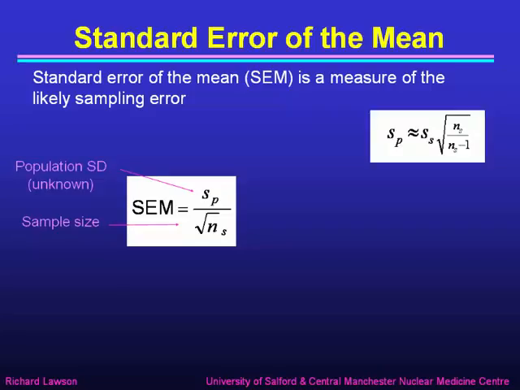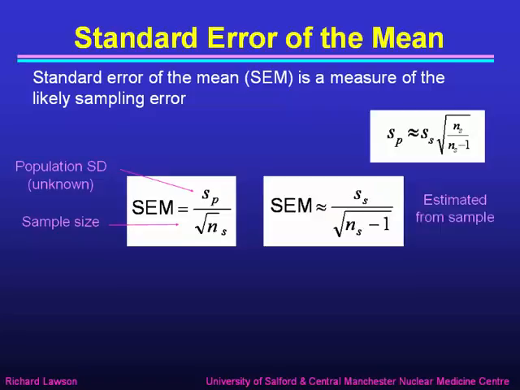But if you remember, we've already shown that the population standard deviation can be estimated from the sample standard deviation SS if we multiply by the Bessel correction, root NS over NS minus 1. So if we put that into this equation, we can deduce that the standard error of the mean is approximately equal to the sample standard deviation divided by root NS minus 1.